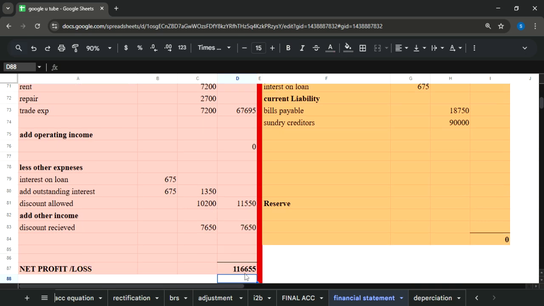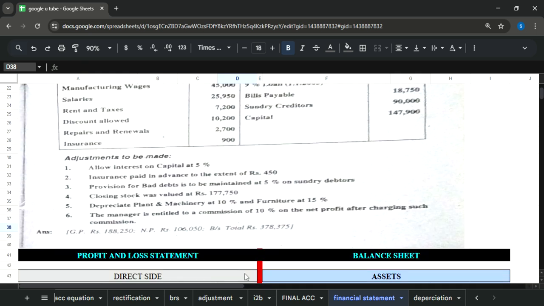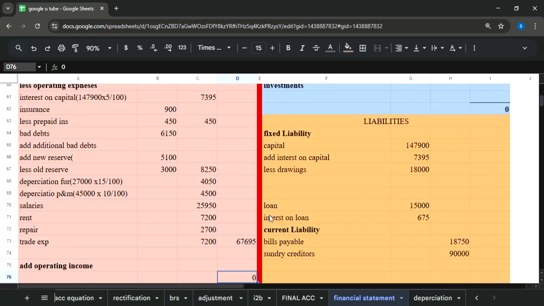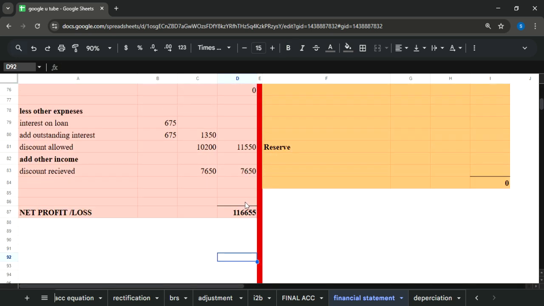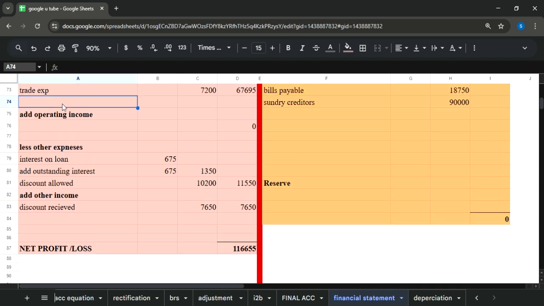So this is your dummy net profit, 116,555. Okay, now this sixth adjustment we will be calculating, and this means the manager is entitled to a commission of 10% on the dummy net profit.